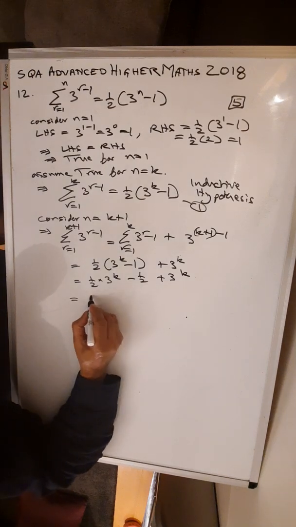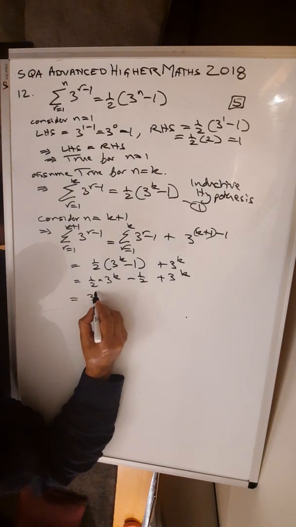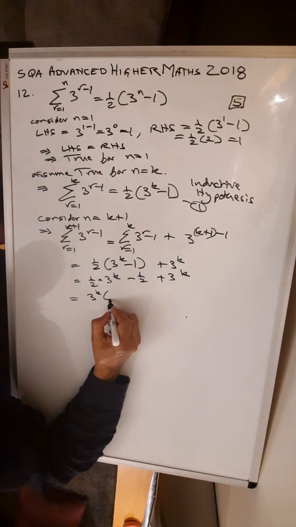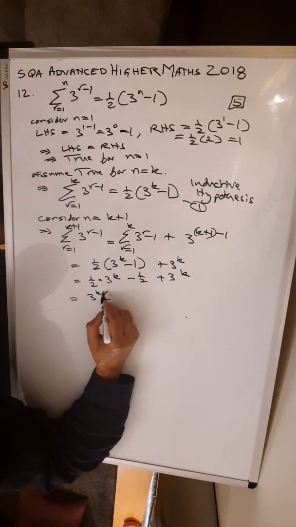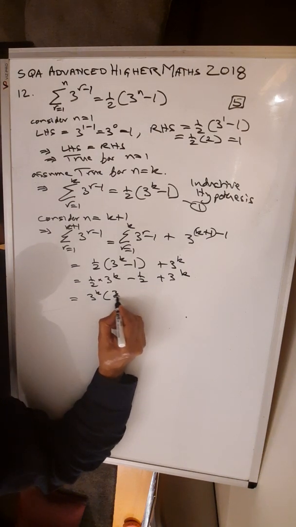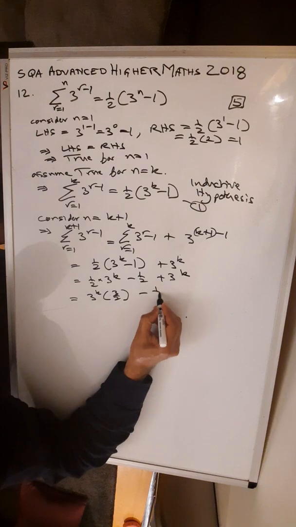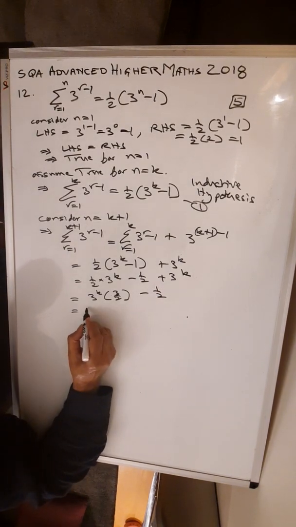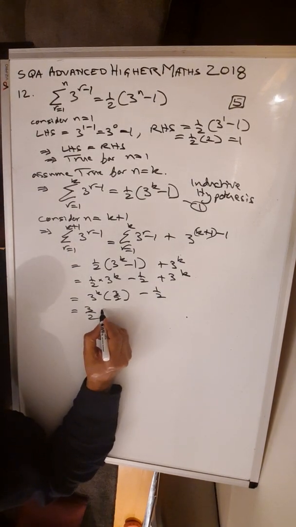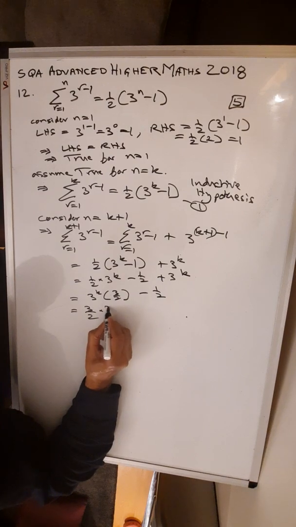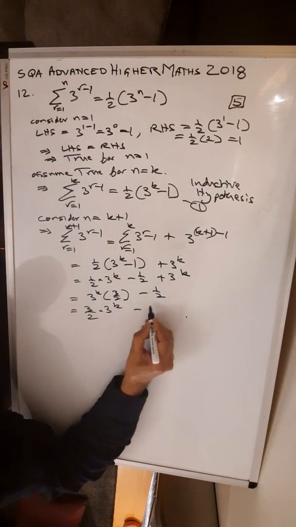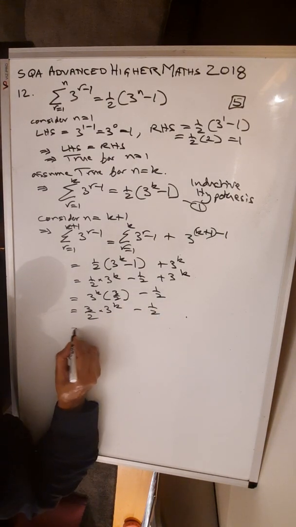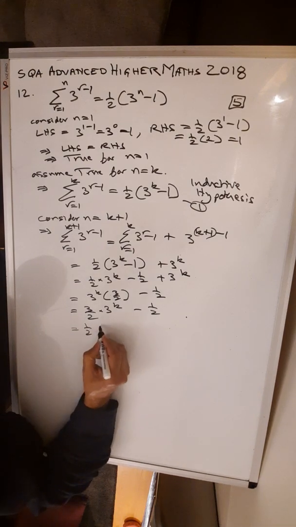That gives you 3^k as a common factor. So what you have is 1 plus a half, which is 3 over 2, minus a half. What you have is 3 over 2 times 3^k minus half. You can take a half outside.